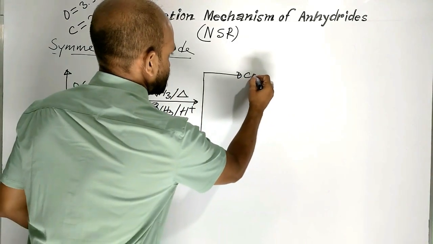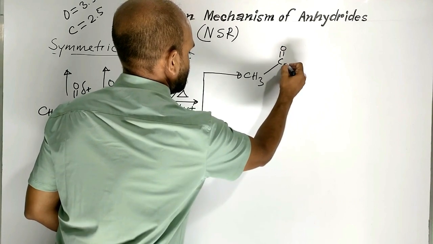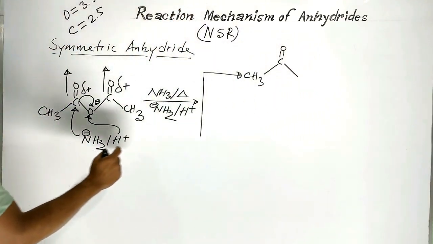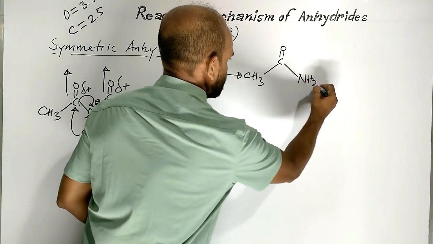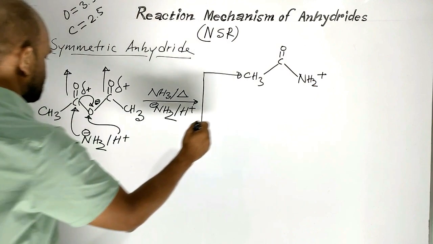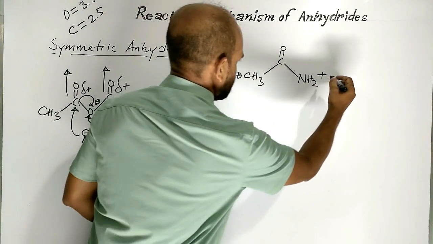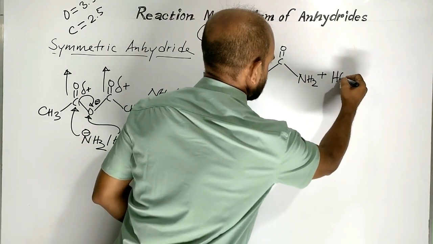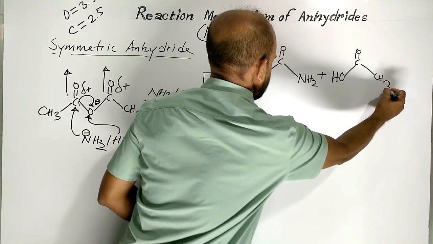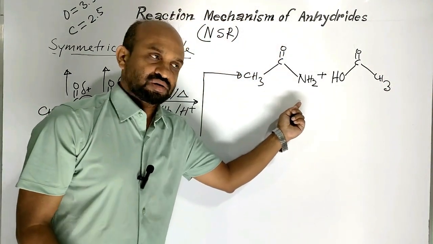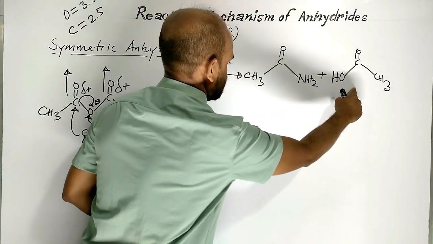Here, CH3CO with this carbon, azanide ion, that is NH2, and with this oxygen, this hydrogen ion, that is we got ethanamide and acetic acid.